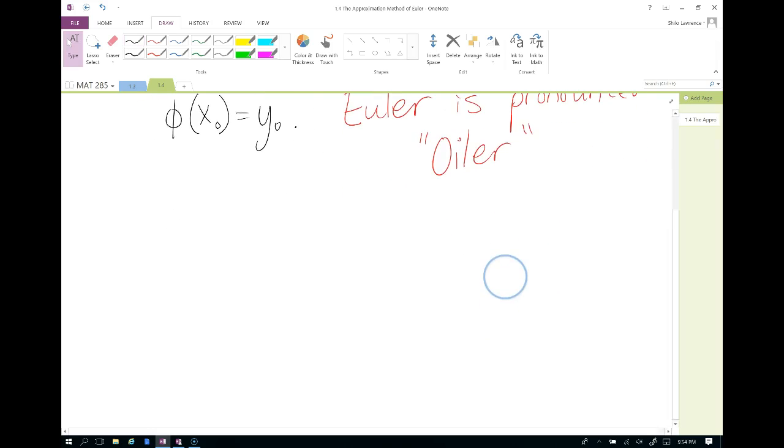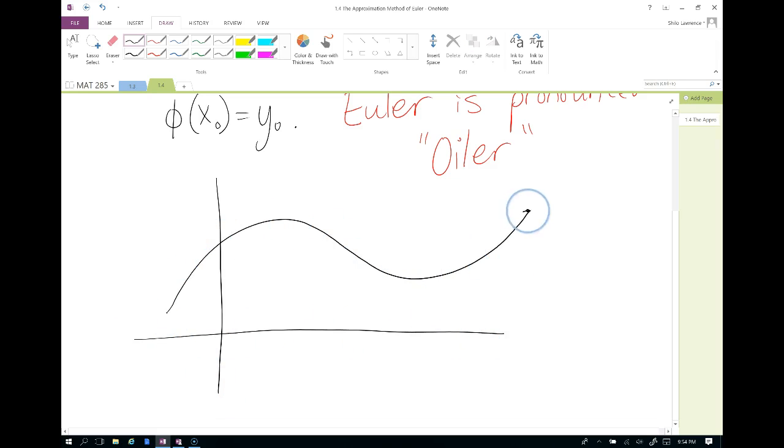So what Euler tells us is, suppose this is our solution function. At this point we have no way of figuring out what the equation for that function is. But if we know a function exists and we're given a point on that function, Euler says, find the tangent slope at that point. And we can do that because we have our differential equation, which can be used for tangent slope, as we saw in the last section.